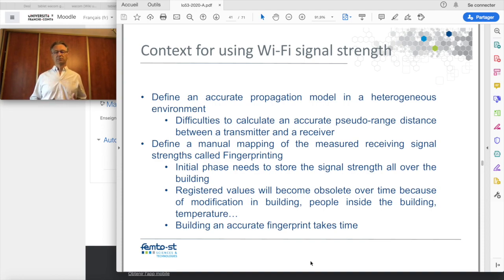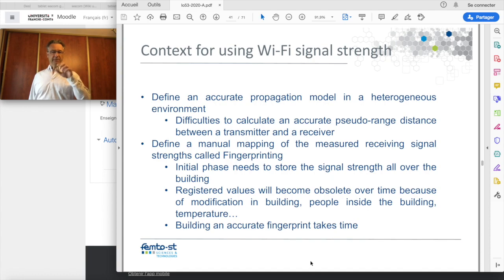You need to establish a relationship between signal strength and the position inside the building, and then you use this relationship to compare your reception values to this information in order to know where your device is inside the fingerprint map.